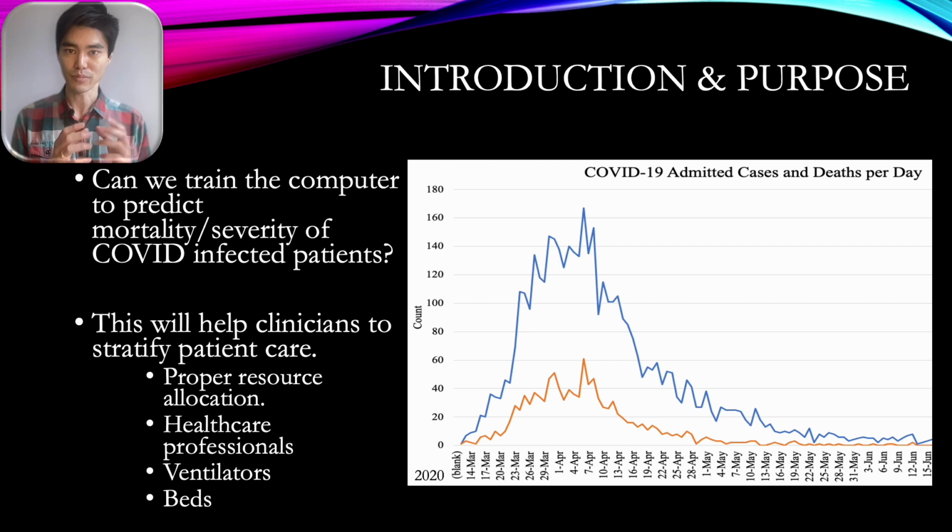For example, we could properly allocate resources to people who are more severe, or we could give more attention to people who are more severe and let other people who are less severe perhaps be discharged home. And since we have limited resources of ventilators and beds, we might be able to prioritize who should get them.